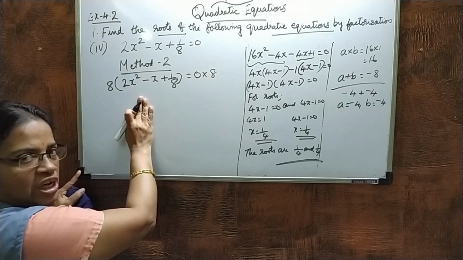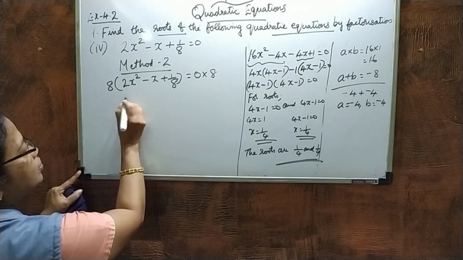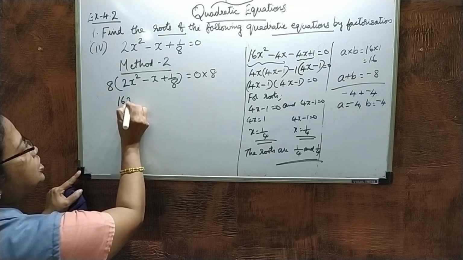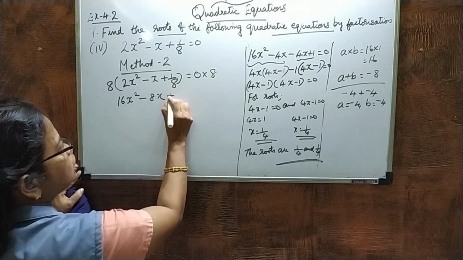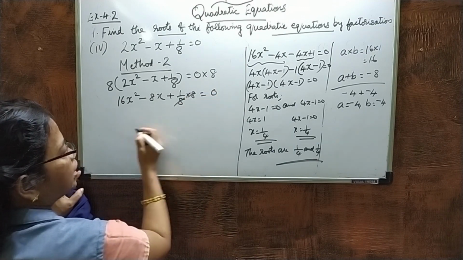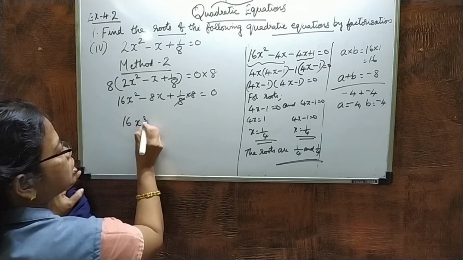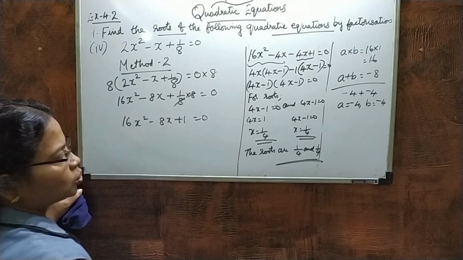Whatever you are doing here, the same thing you have to do there also. So remove the bracket: 16x square minus 8x and 1 by 8 into 8 equals 0, and the 8 cancels. It will be 16x square minus 8x plus 1 equal to 0.